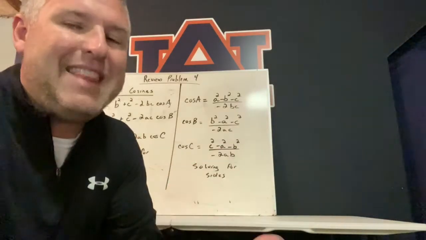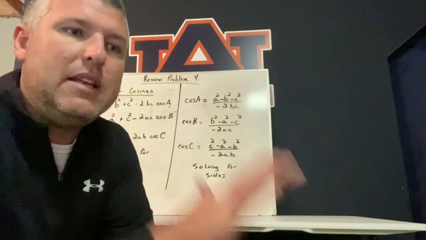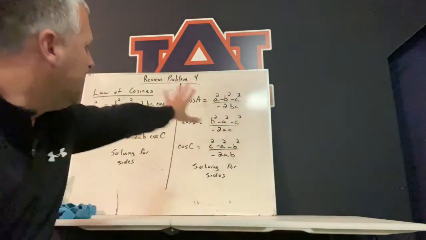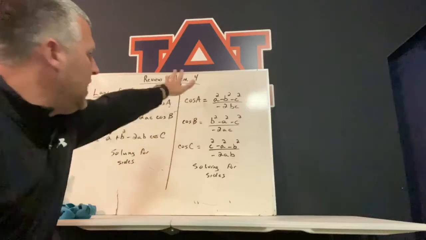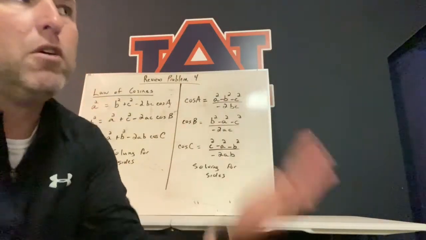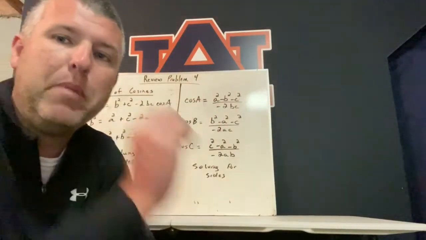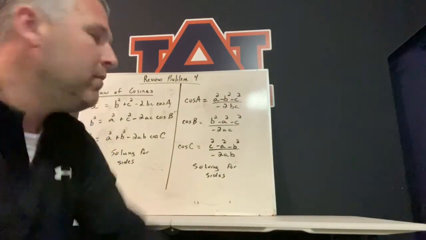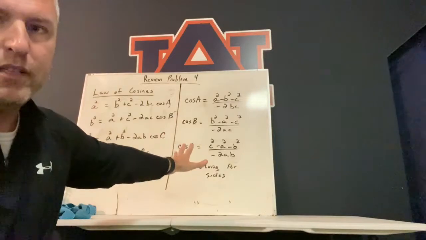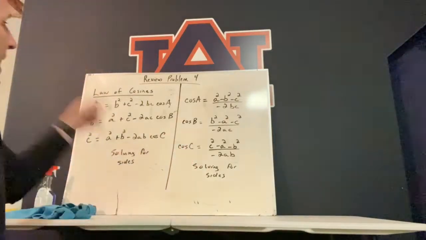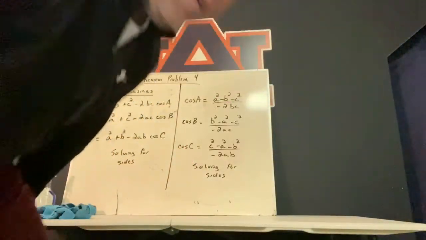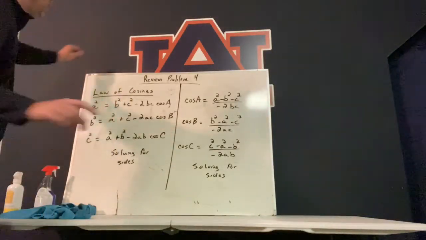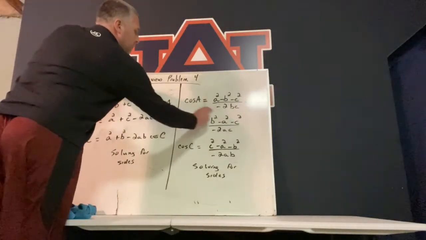Now, that is different from the book. These formulas over here, if you look in the book, you're only going to see it in an example problem, but it's different. Let me explain why I wrote them like this. If I'm solving for angle A, I'm going to use this formula.